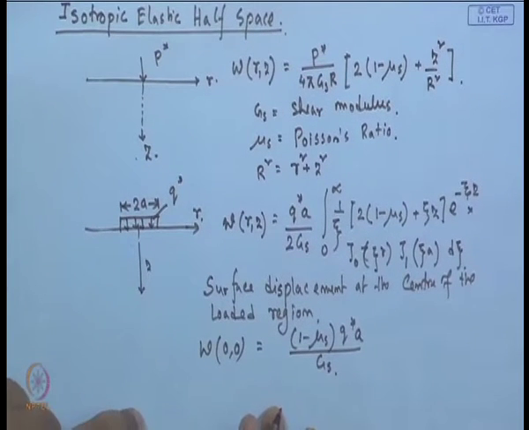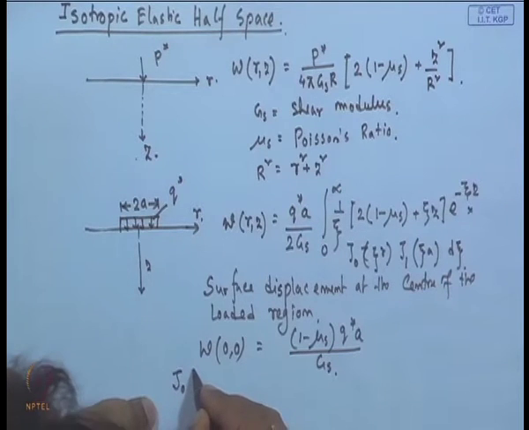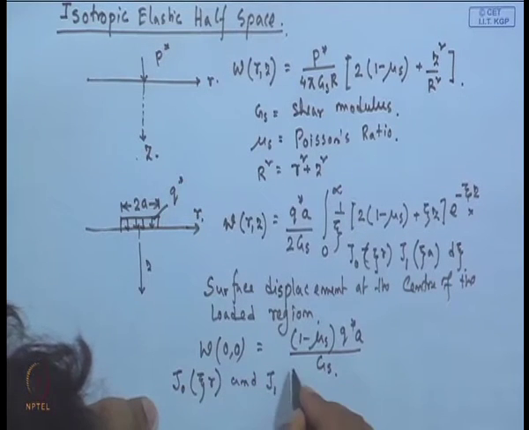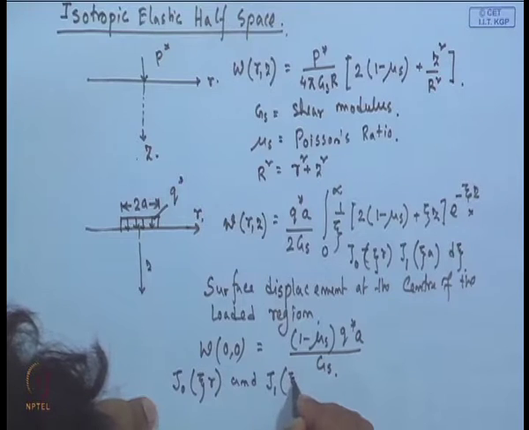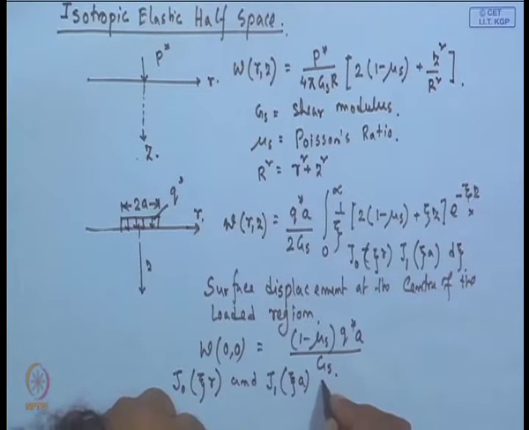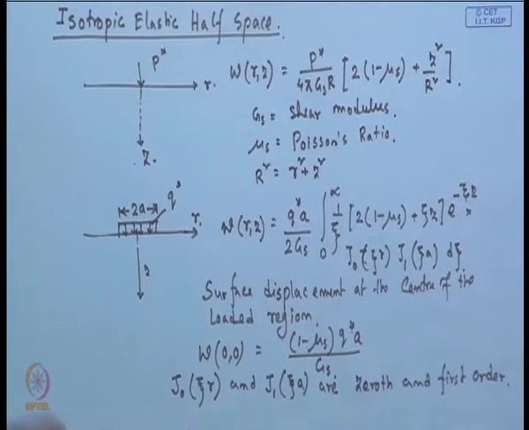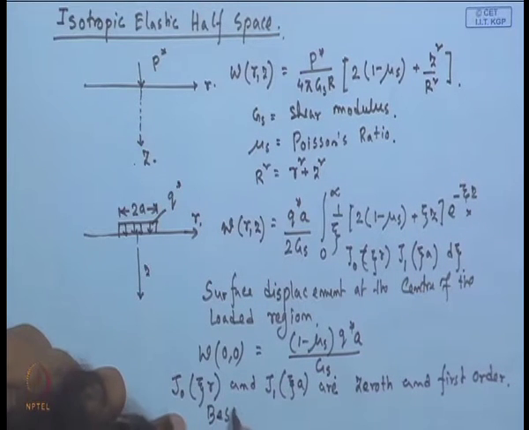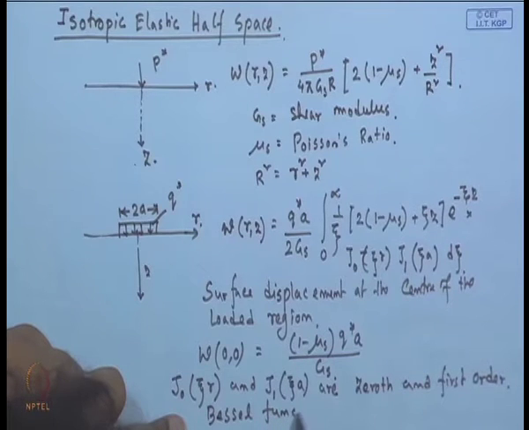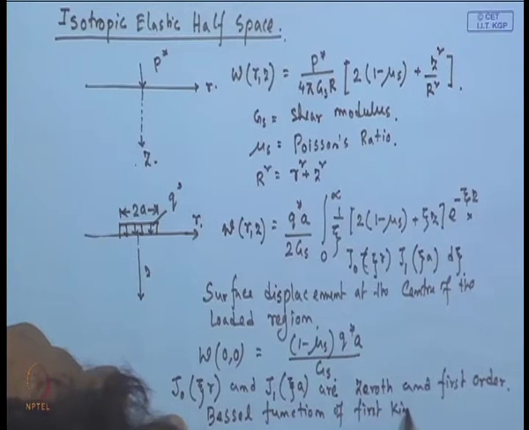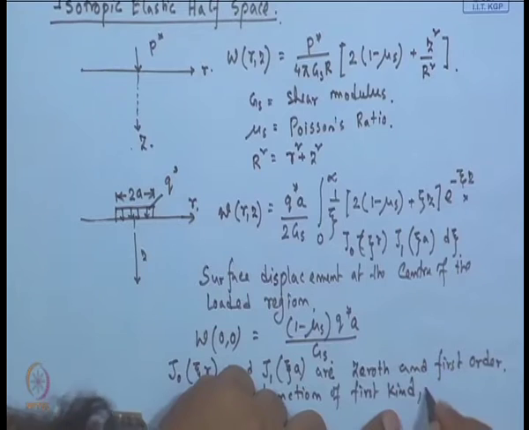Now here this J 0 term and J 1 term are the zeroth and first order Bessel functions of the first kind respectively.